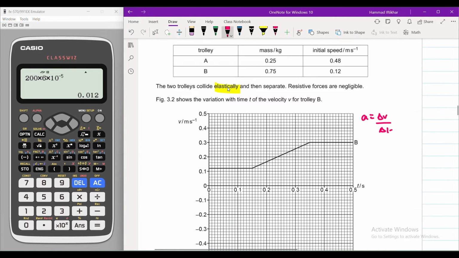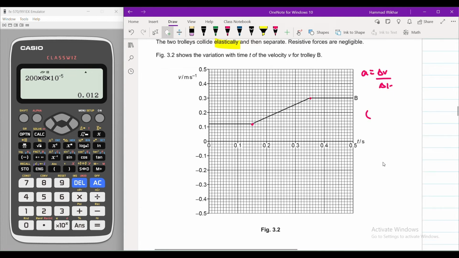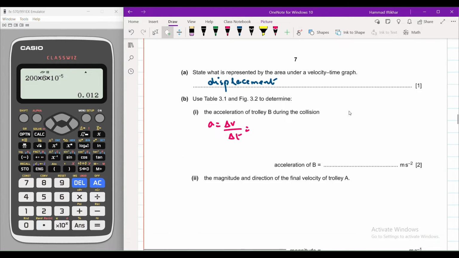So let's see what are the 2 points over here. So we have 0.15, 0.12, and the next point is 0.35, and that is 0.3. Right, okay. So we're going to copy them right over here.